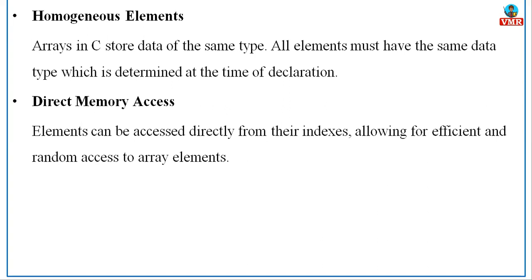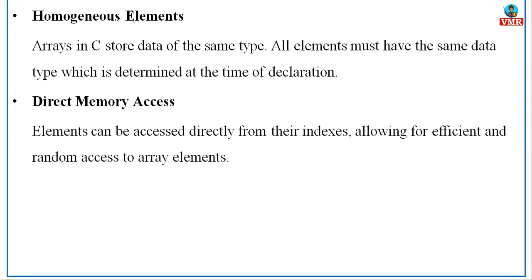So if I take int a of size 5, and if I give in curly brackets values like 1.0 or a, b, and then some 24, 12, then you will get an error because you had declared the array as integer, but the values you are giving are char, float, and int, all three different types. So it leads to an error. That is what they are telling: arrays have homogeneous elements. All should be of the same data type only, right?